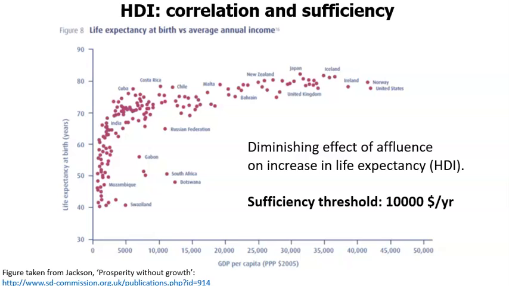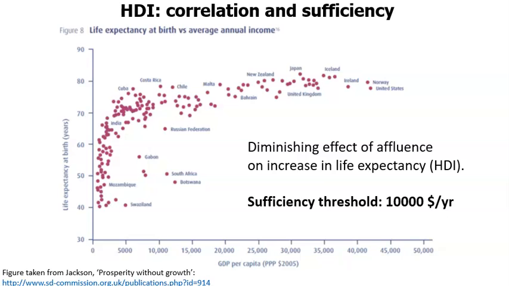So you see at the left side of this graph that as countries are very poor, a small difference in GDP makes a big difference for human development. But as countries get very rich, as they pass an income threshold of roughly $10,000 per year, you see that an increased income doesn't translate into further increase of human development.